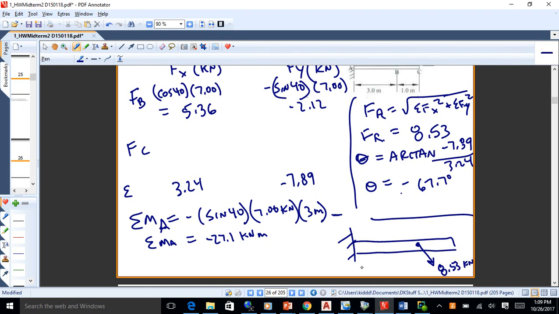What we want to know is how far would that be placed from A? So what's this distance here, such that it would cause the moment of negative 27.1 kilonewton meters? When you run those numbers, what you ought to come up with is 3.43 meters for that distance.